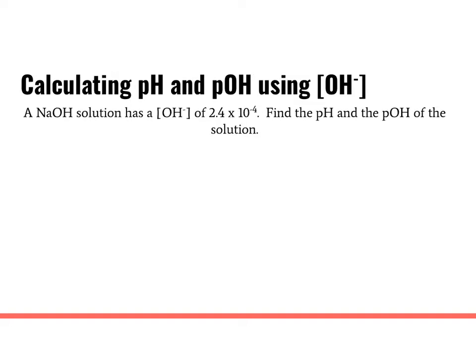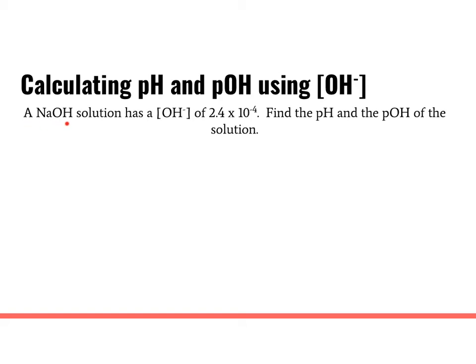What you guys are probably going to notice is that these questions are going to take us a little bit longer to calculate because there's quite a few steps that we need to involve. So this would be for a question where we are calculating the pH and the pOH using the hydroxide concentration. You could also do this if you knew the H plus or hydronium ion concentration, but for this example we have the OH.